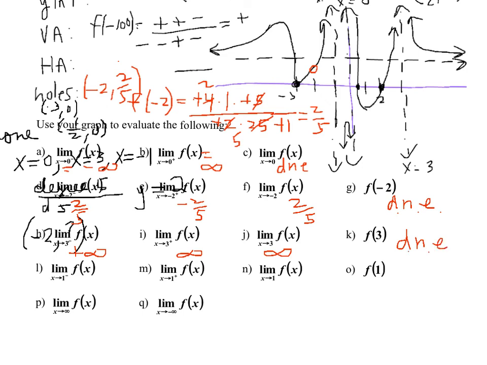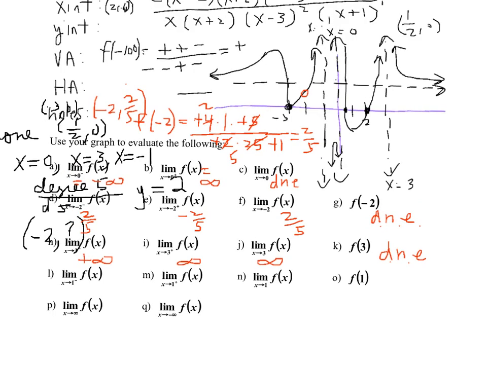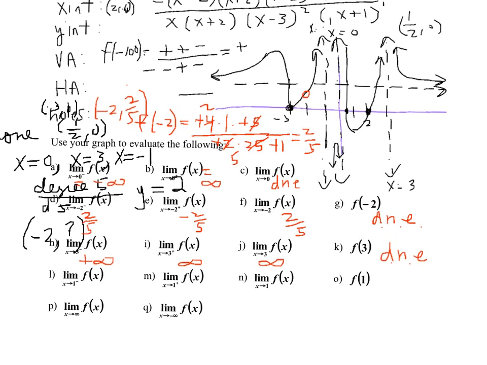Okay, 1 from the left is whatever f of 1 is. f of 1 from the left, if you plug it in, it's just going to be f of 1, because this is continuous there, so it's actually negative a half.